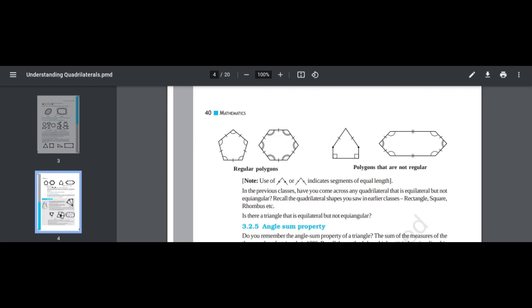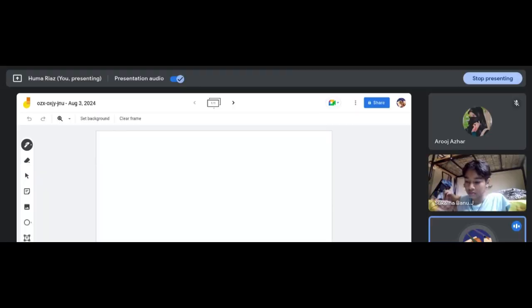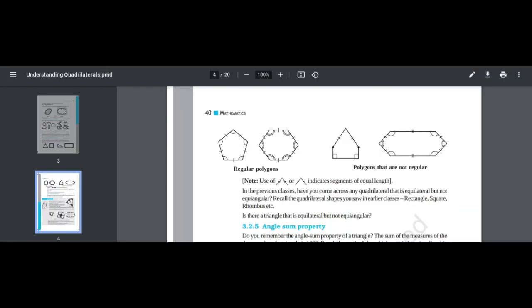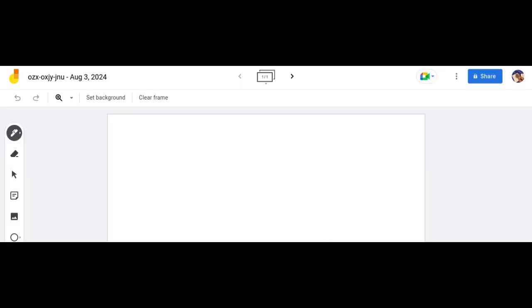If we have a triangle which has the same angles and that triangle is not in the same lines, that is a very difficult thing. For example, now this is the screen I have. Okay, is my screen visible to you? Whiteboard? Yes, ma'am. If I have a triangle like this, this is not equilateral because every side is different.